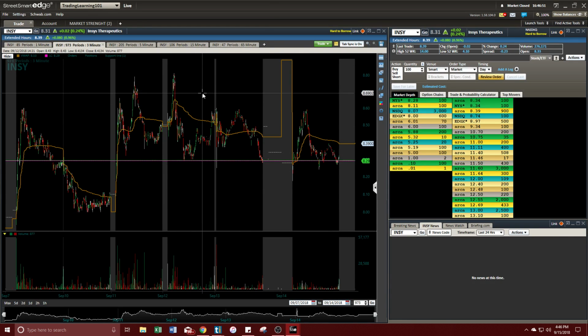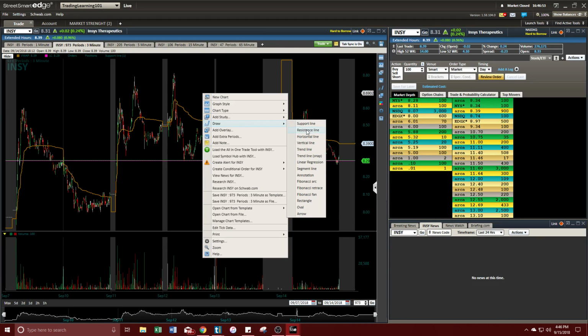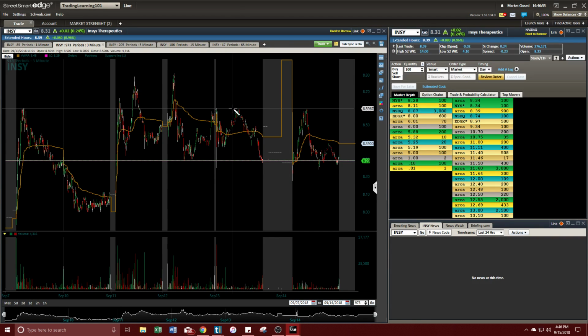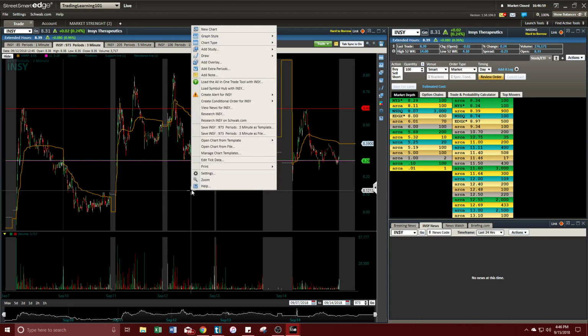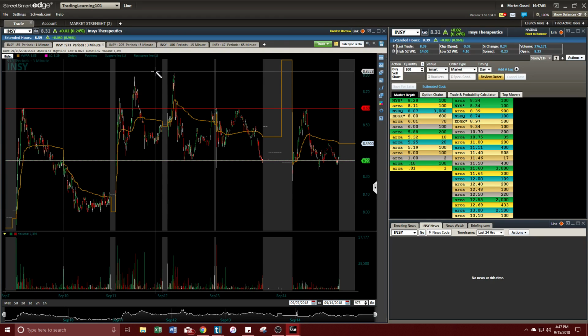So I got that, and I'm going to put a resistance line right here at 860, and 880. So until it breaks out of this range, you could play the range, or you could wait till it breaks out of the range. That's what's great about trading. There's a strategy for anything.